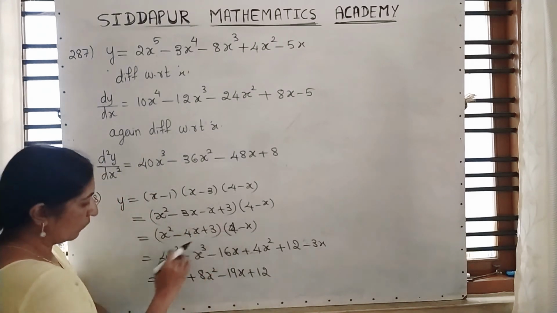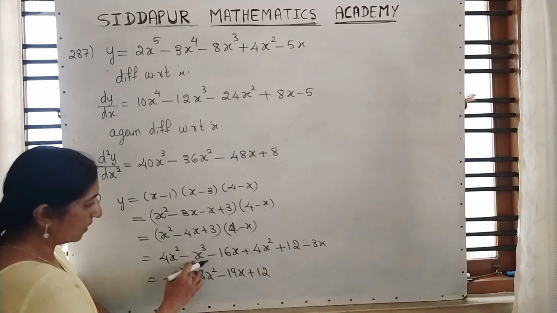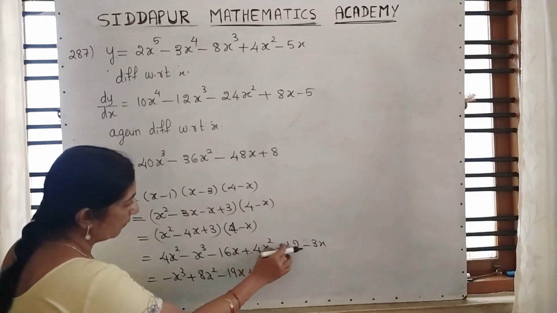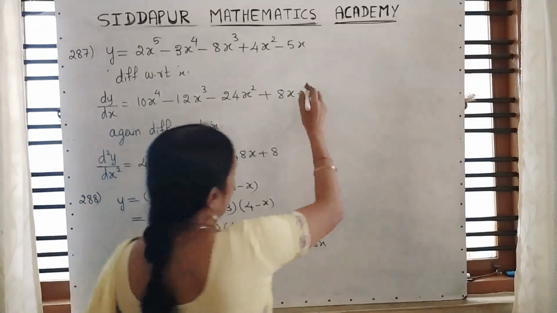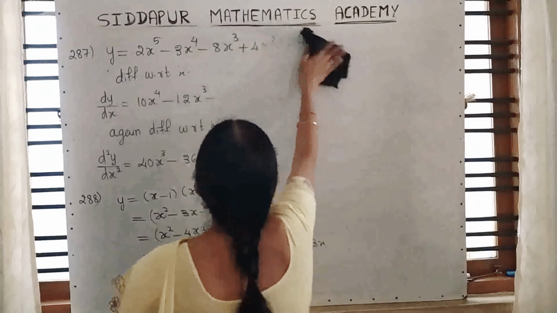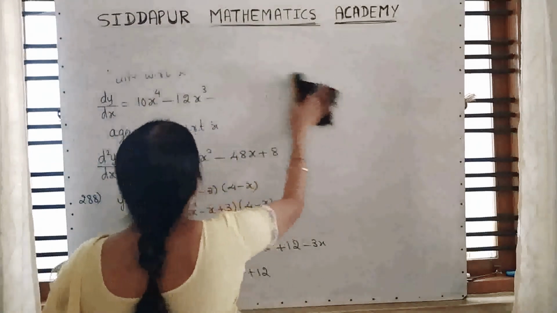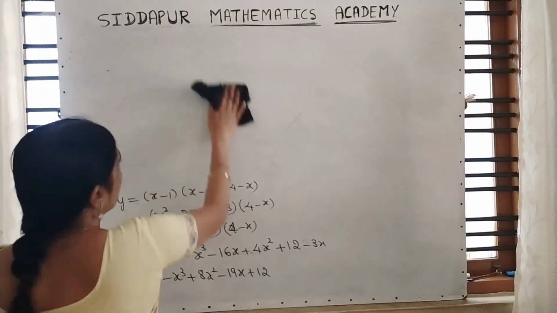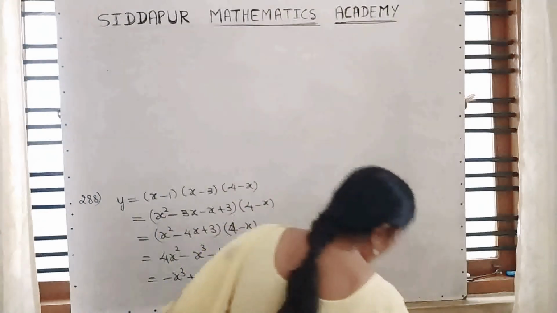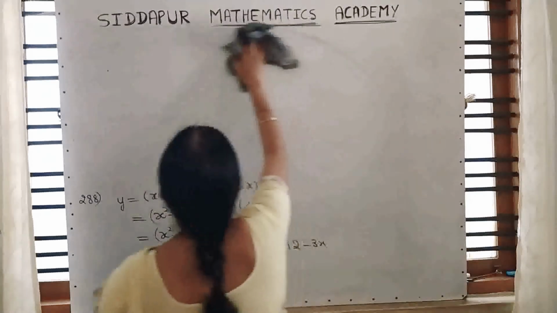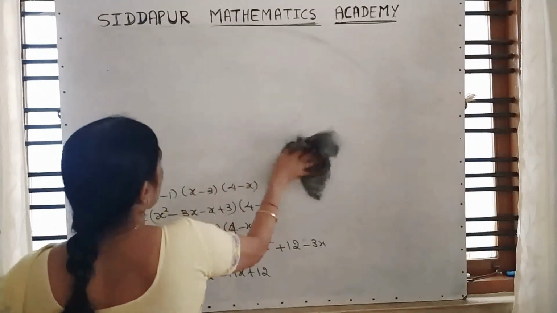See, x square into 4, 4x square minus x cube minus 16x plus 4x square plus 12 minus 3x. Now differentiate this. Now it is a polynomial, very simple. Differentiate this. Correct or what? UVW, that is also correct, but it gives you the lengthy answer. Simply don't waste the time.